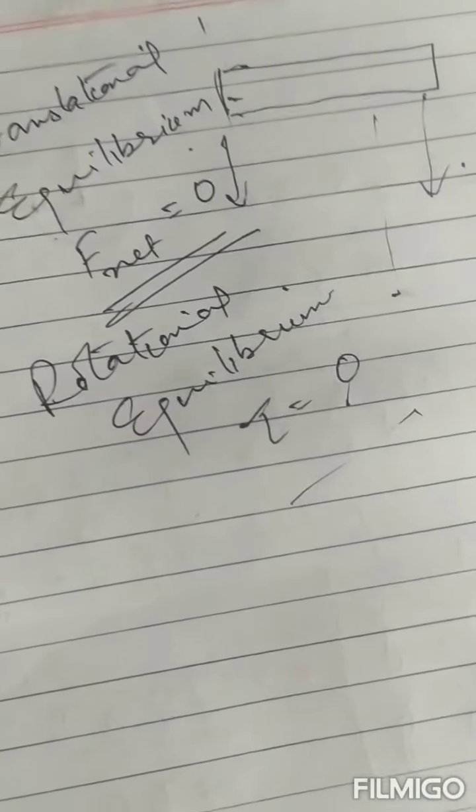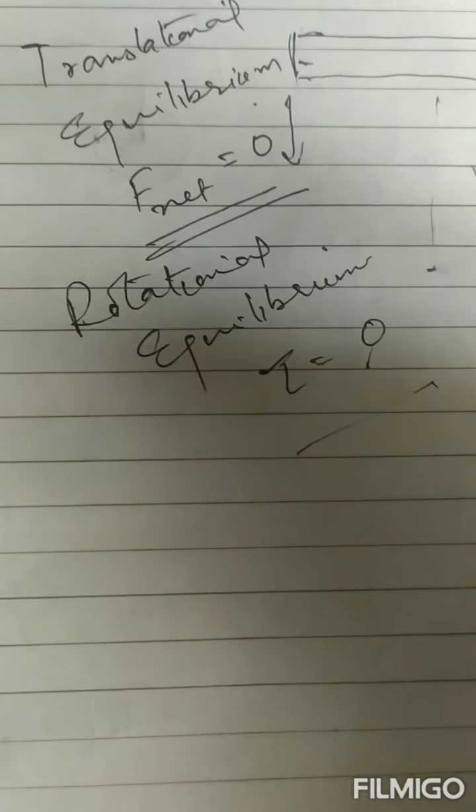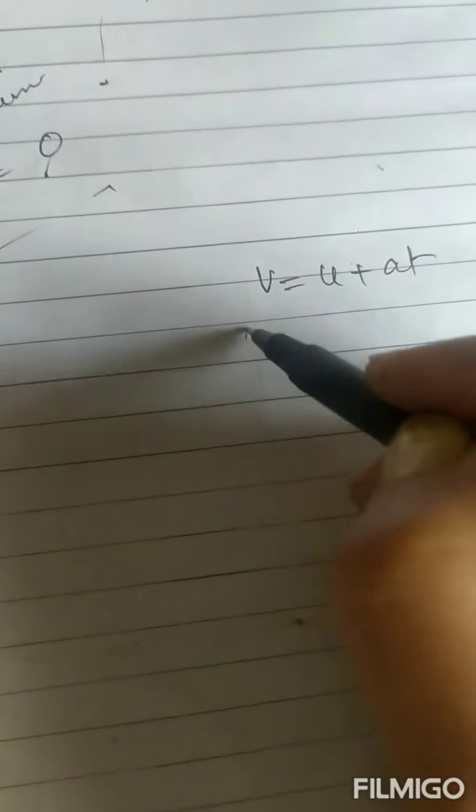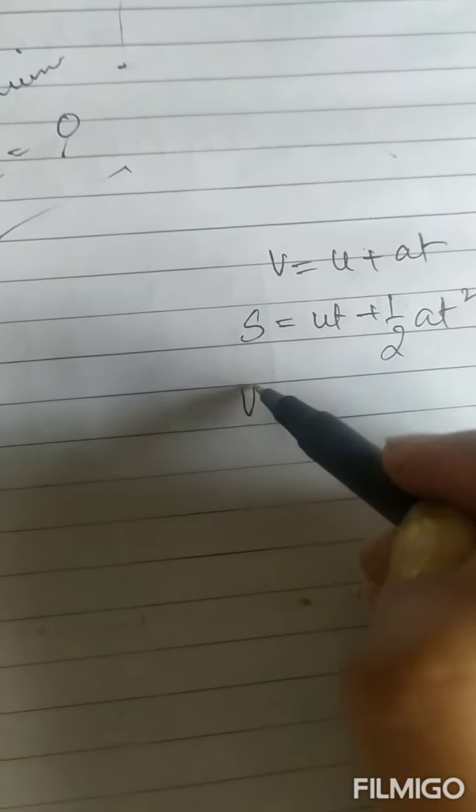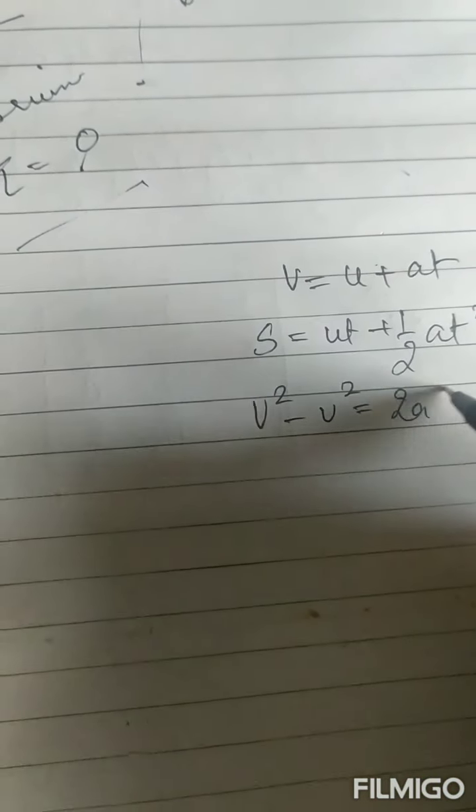After that, there are the equations of rotational motion. As we have done in linear motion, we have various equations of motion like v equals u plus at, s is equal to ut plus half at square, and v square minus u square is equal to 2as.